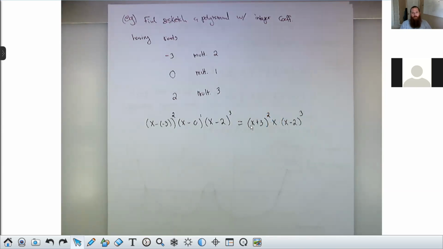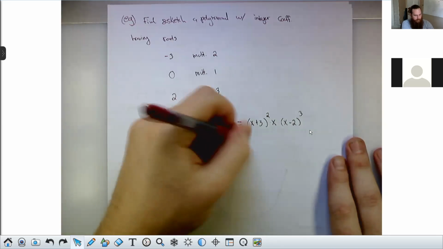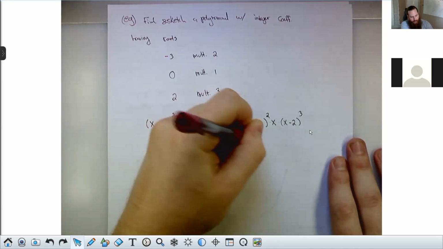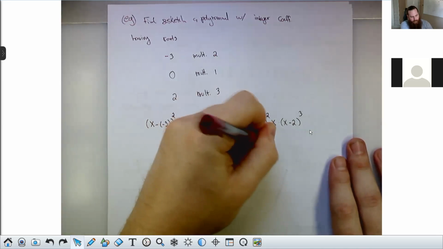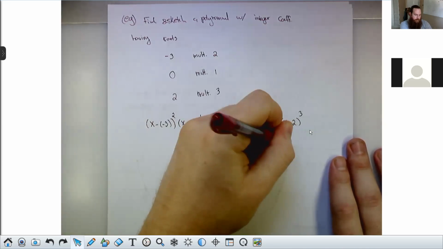So here I would have x, these guys give me lead term x cubed. This guy also has lead term x cubed. So the lead term for this polynomial would be 1x to the 6. This looks like 1 times x to the 6 plus lower order stuff.